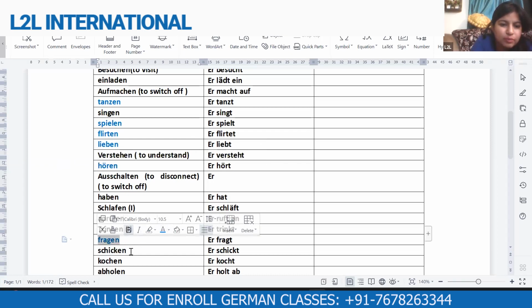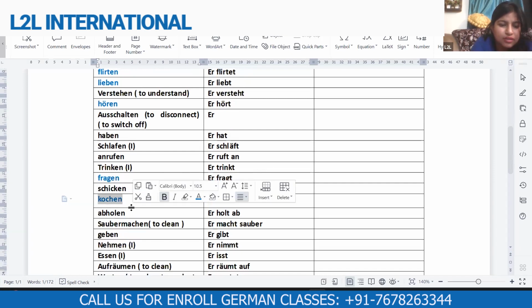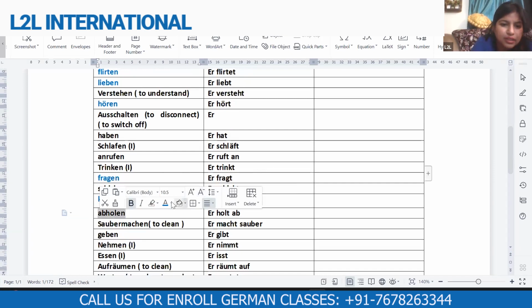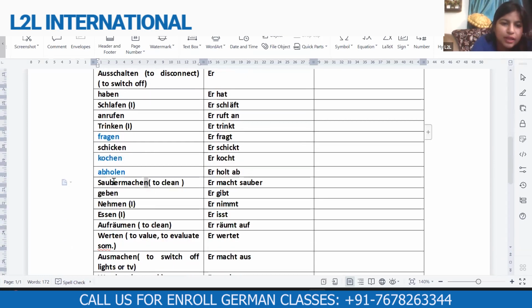It's a normal verb. Kochen, you can do that as well. And then abholen, that can also be done. That can also be taken care of by you. And then sauber machen can be done as well. But just remember, you need to put the GE in between the prefix and the verb.